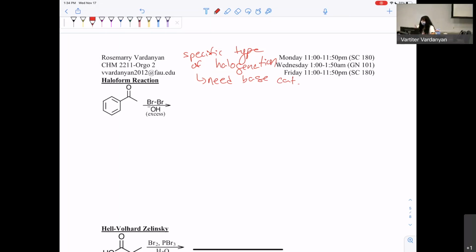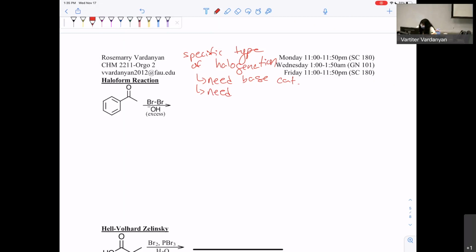Okay. So the other requirement for this is that you need... So I'm going to explain this, and then I'm going to write the short version. You need to have either a symmetrical ketone that has 3 hydrogens on each side, so no substituents, or it only has 1 alpha carbon available and it has 3 hydrogens present.